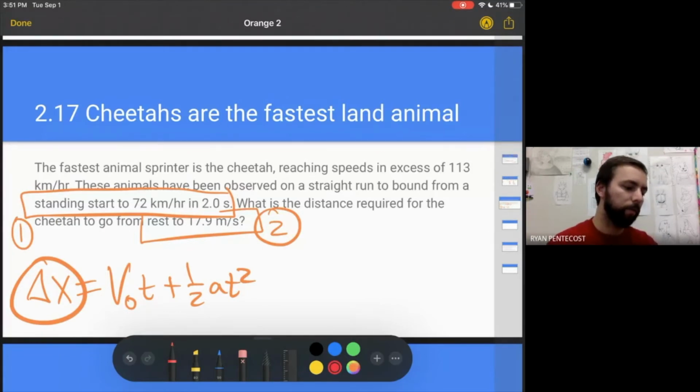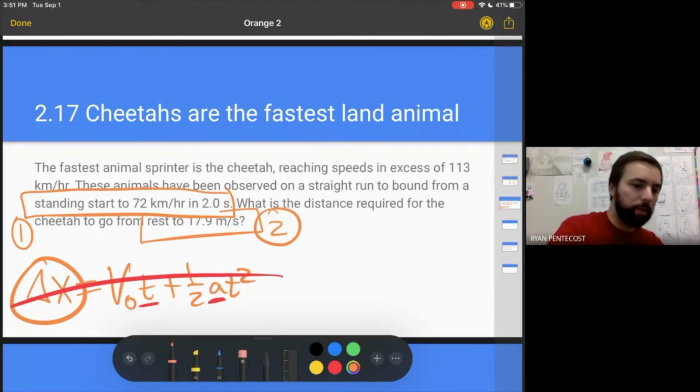We know that it takes 2 seconds to go from start to 72 kilometers per hour. We want to know the time it takes to go from rest to 17.9. There's also no final velocity in this, and we would need acceleration too. So this equation, can't use that one.